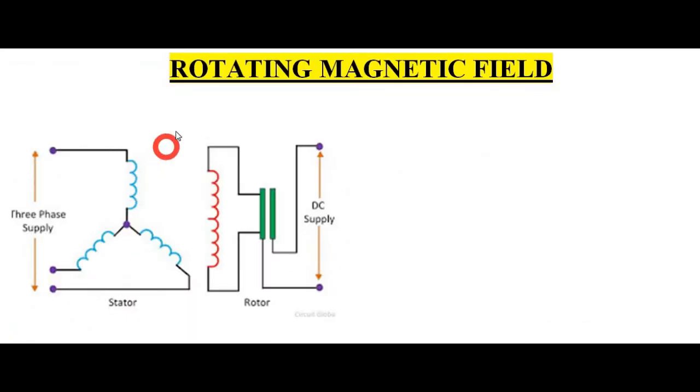So what do you mean by RMF? Rotating magnetic field: the magnetic field having moving polarities.